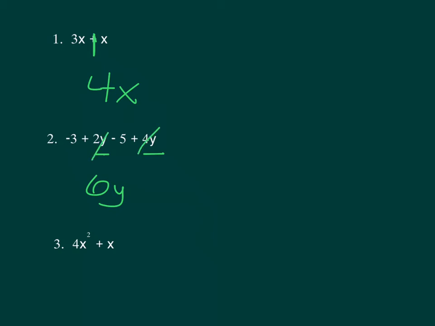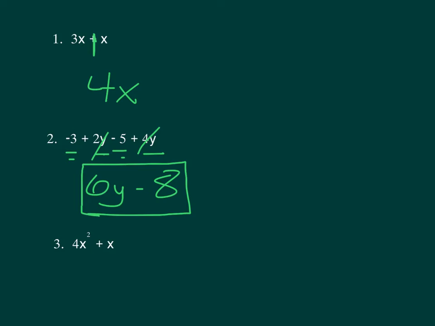And then we have our numbers here, -3, -5. When we combine a -3 minus 5, that's -8. Here we see that 6y and -8 are different. They're not the same, so we can't combine them together, leaving us with this as our final solution, our simplified answer.